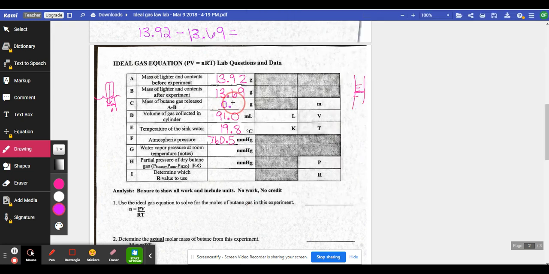So notice how small these numbers are. Think about it though. If we have particles of gas, right, little itty bitty particles of gas, we might collect them in a lot, but think about what is actually fitting in that little butane container in the graduated cylinder. So that actually is very reasonable for the amount that we collected.